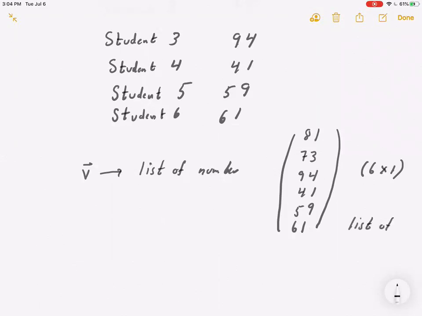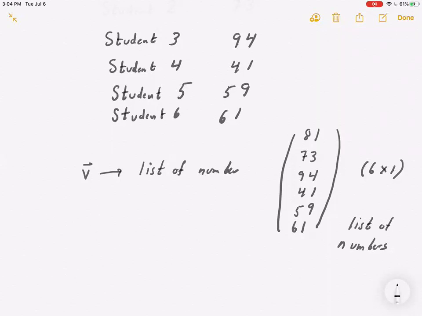So once I allow the possibility of lists of numbers, then I'm not restricted to 1 dimension or 2 dimensions or 3 dimensions. I could have had 55 students in the course. Then I'd have a vector that's 55 by 1, 55 rows and 1 column. I could have had a class of 1,000 students. Then I could describe this class by a vector that has 1,000 rows and 1 column, or a 1,000 by 1 matrix.